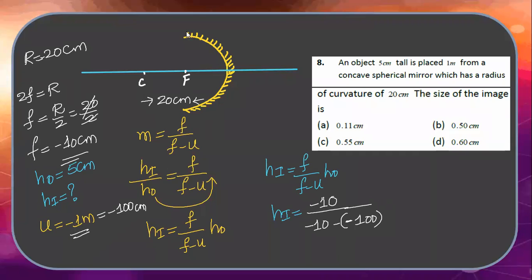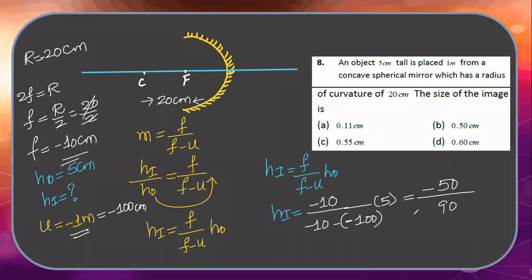Height of the object is given as 5, right? So that is equal to -50 divided by 90.